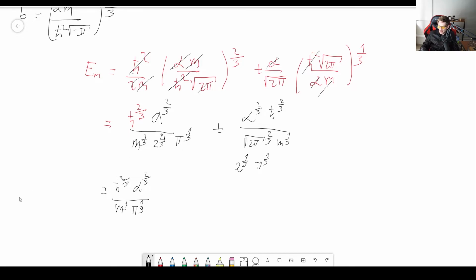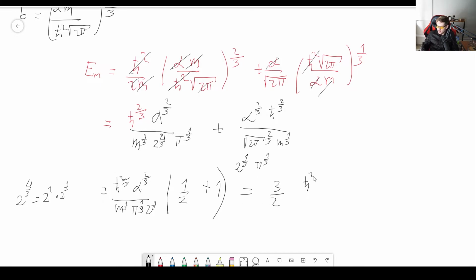So we could consider this 2 to the 4/3 is the same as 2 to the 1 times, the exponents will add up, 2 to the 1/3. We can factor out 2 to the 1/3, but we are left with a 2. So we are left with 1/2 here. And here we are left with nothing else. We used everything. So basically we are left with 3/2 times this entire thing.